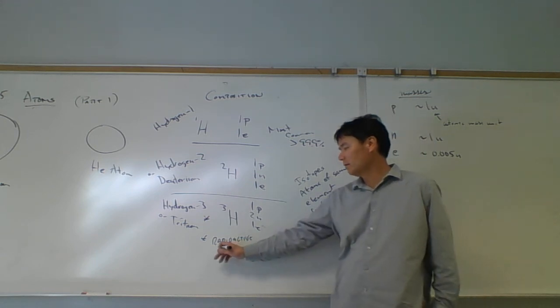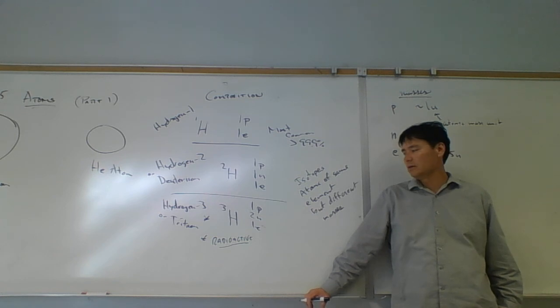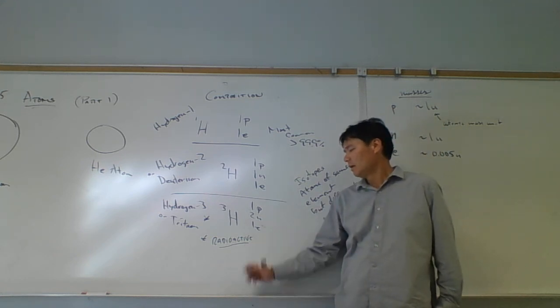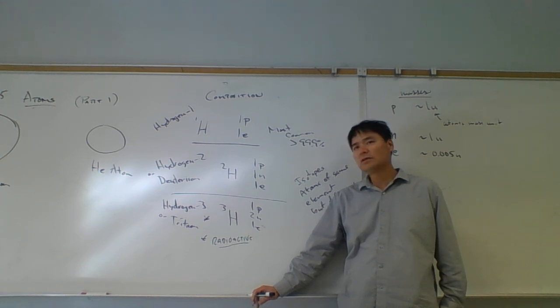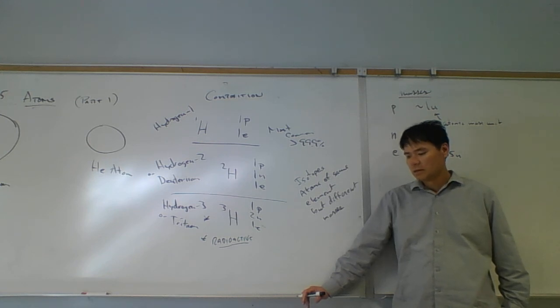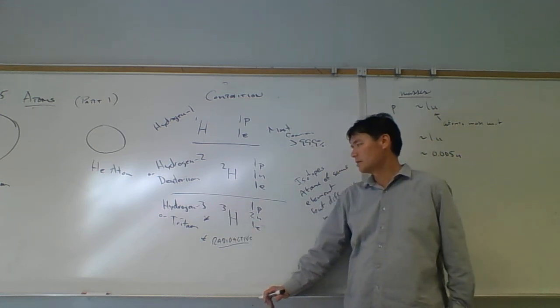Now, radioactive atoms, these are important in chemistry, but these are not what chemists study. Radioactive elements and what we call nuclear reactions are different than chemical reactions and chemical properties. For chemists, we just study electrical interactions. Nuclear chemists, they study something a little different. And so we aren't really going to be concerned with the radioactive elements necessarily.